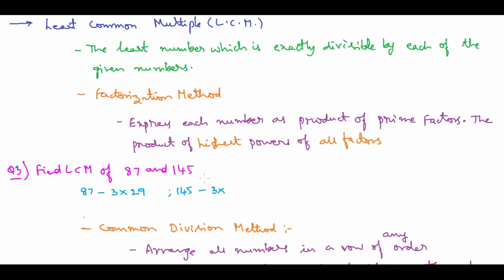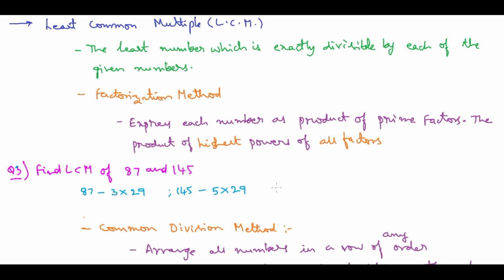It cannot go with 3 also, because the sum of the digits 1, 4, 5 is 10. Now let's try with 5. The unit digit is 5, so it is divisible by 5, so simply it is 5 into 29.